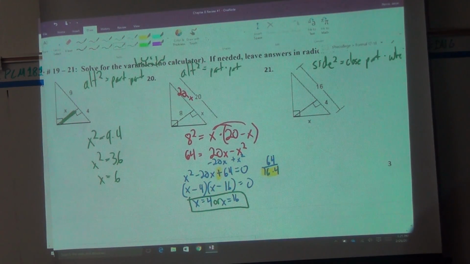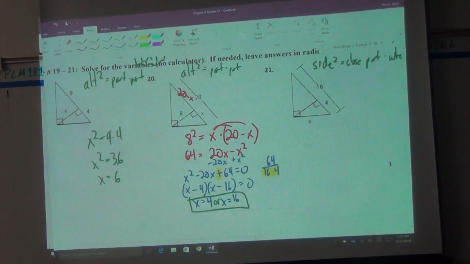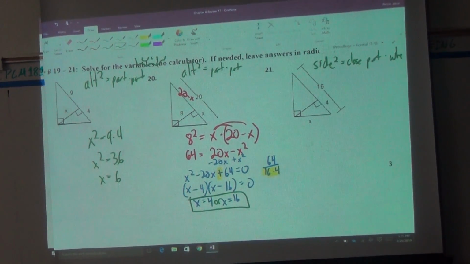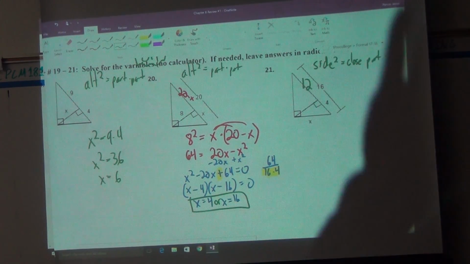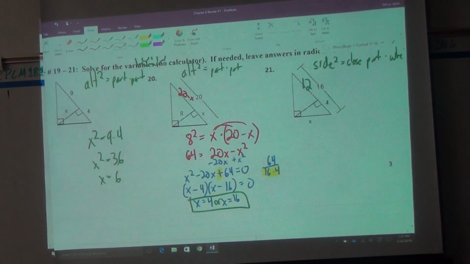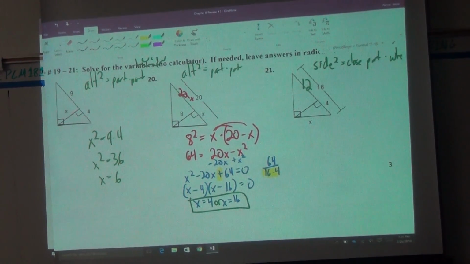All right, 21. Yes. We've got a 16, that's a whole thing, and a 4, that's not a whole thing. What's the other not whole thing? 12. Now that's not necessary for this problem, but it gives you at least everything's there, and I can pull the numbers from the right spots.